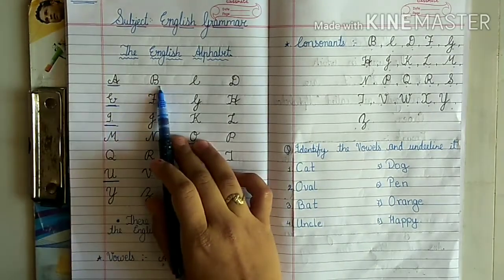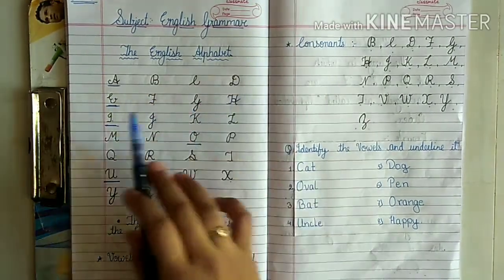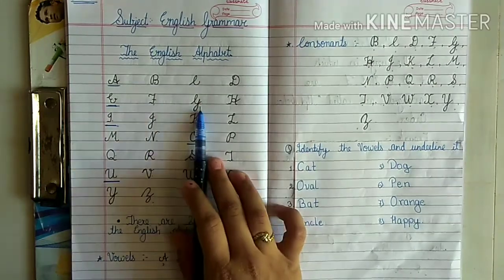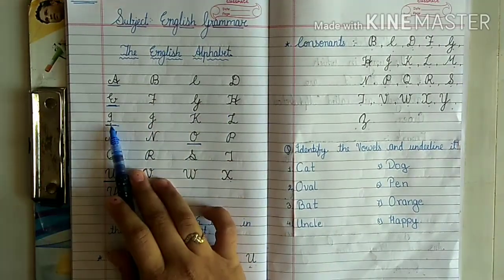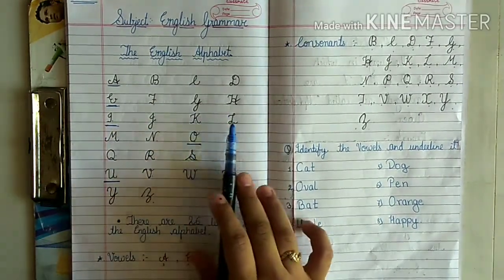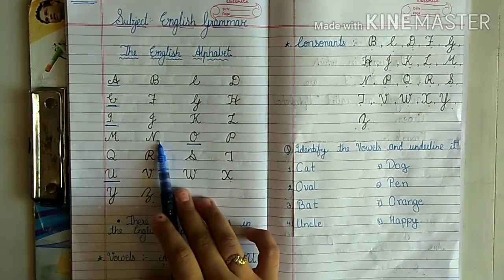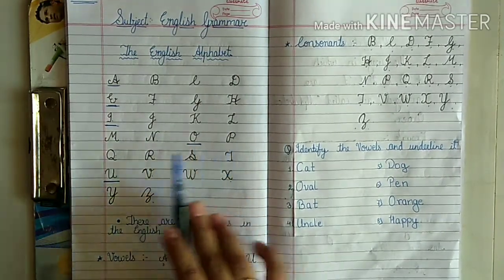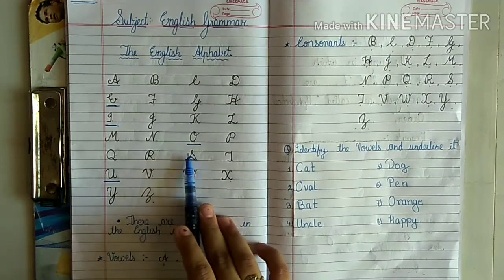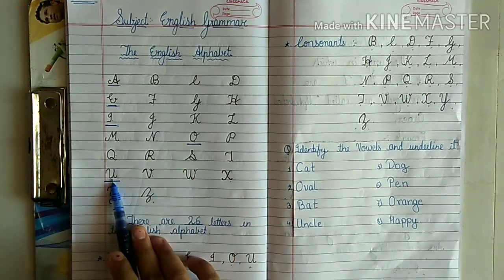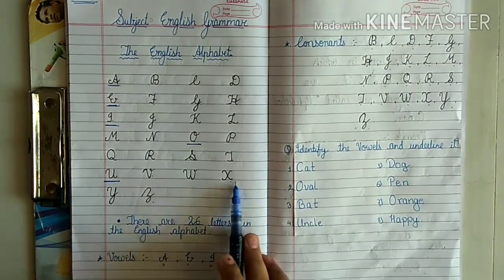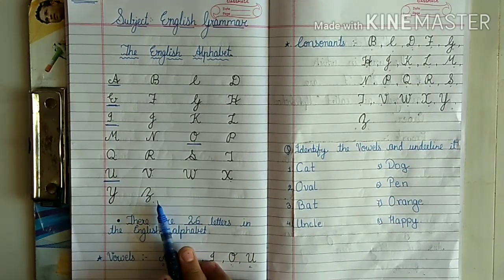A, B, C, D, E, F, G, H, I, J, K, L, M, N, O, P, Q, R, S, T, U, V, W, X, Y, and Z. So these are what?